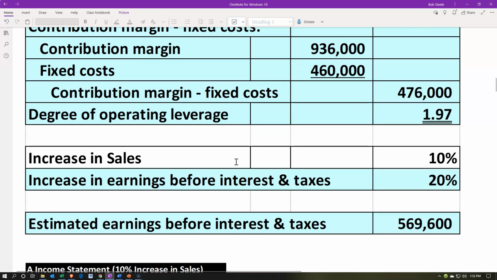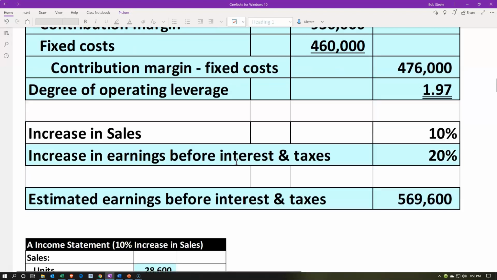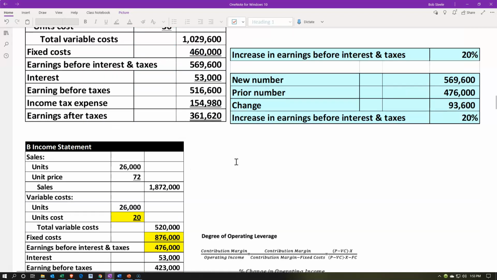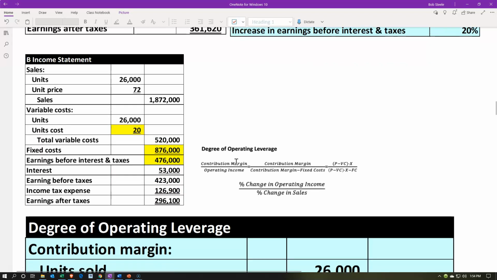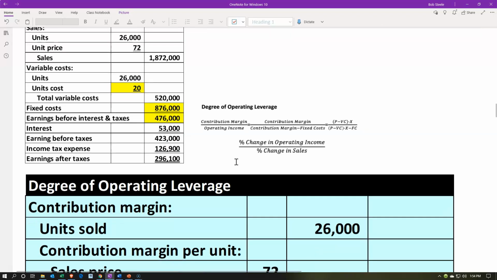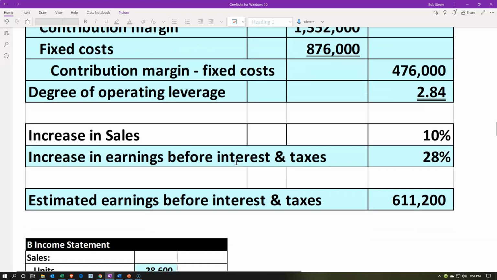We also considered what would happen if there was an increase in sales, what would happen to the increase in the operating income. We also looked at a difference if we adjusted the amount of fixed assets or fixed costs versus the variable costs, because that's what the degree of operating leverage is focusing in on.